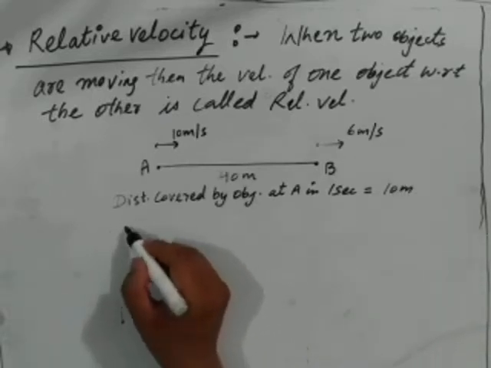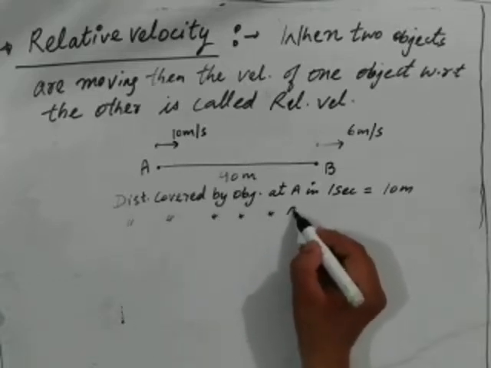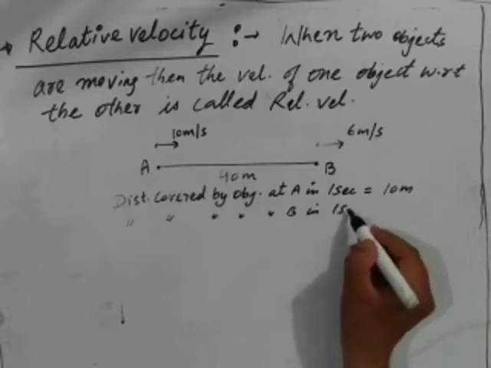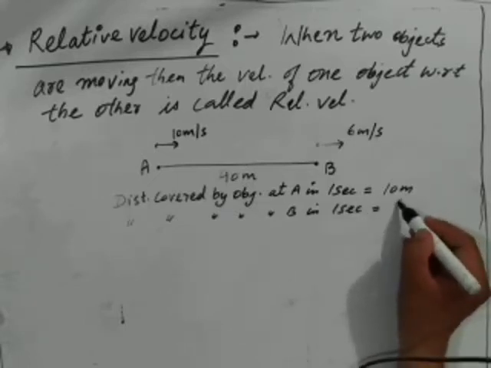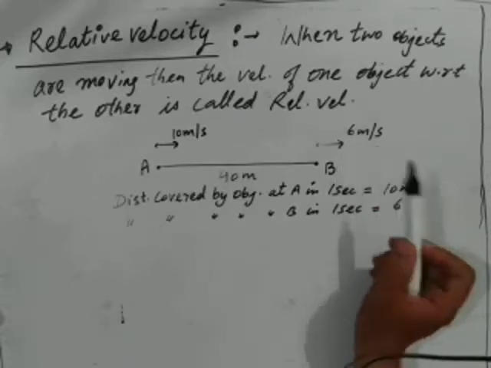Similarly, distance covered by object at B in 1 second, that will be 6, since its speed is 6 meters per second.